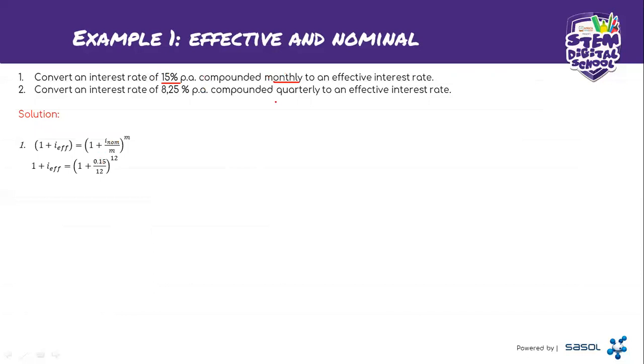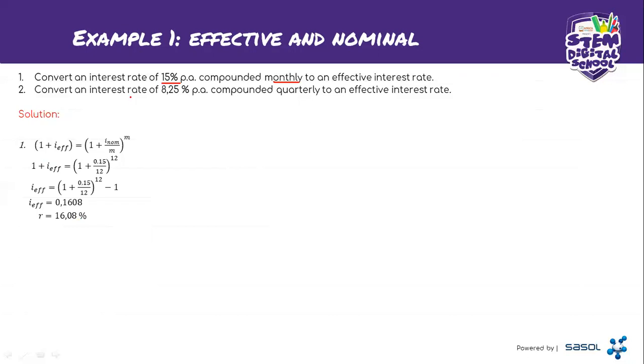We said monthly is 12, and look how we use that 12. So it's 12 and 12 there. So there's no number of years. It's the compound period. And then we're going to transpose the 1, the sign is going to be -1. And you just press your calculator, you have 0.1608. Then we take it to a rate, then you times with 100, then it gives us 16.08%. That's how you should calculate that.